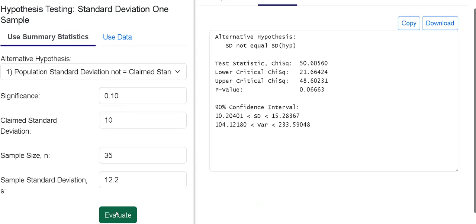What do I need from this page here right now? What am I looking for? The p-value. Thank you. So the p-value in this case is 0.066.